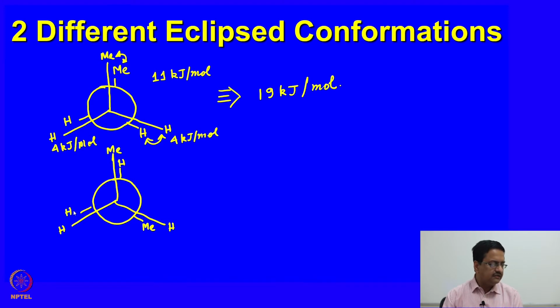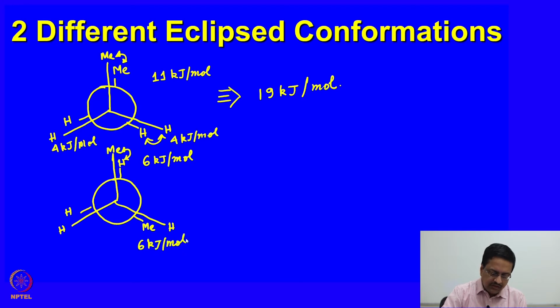So in this particular conformation, the methyl-hydrogen eclipsed groups have torsional strain of 6 kilojoules per mole. We have two of those, and we have one hydrogen-hydrogen eclipse conformation resulting to 4 kilojoules per mole. So the total energy associated with this conformer is 16 kilojoules per mole.